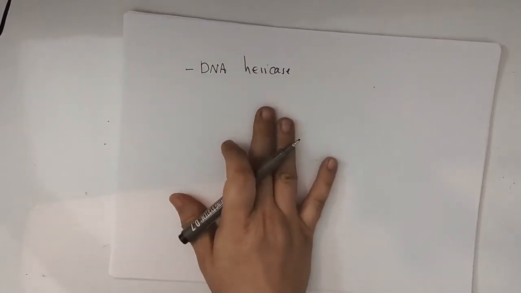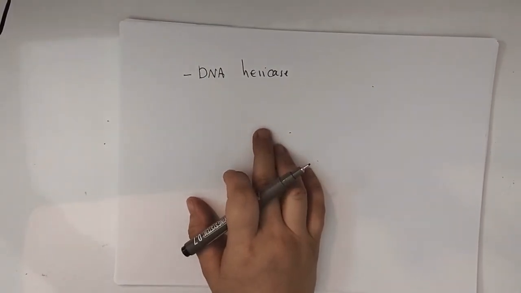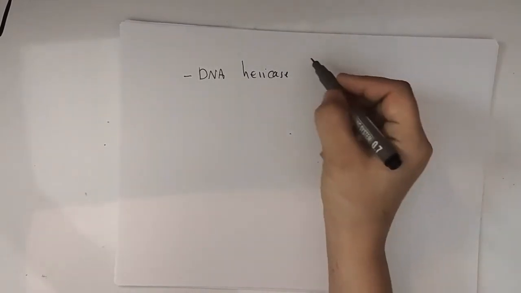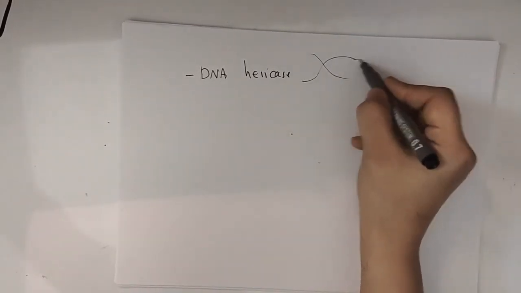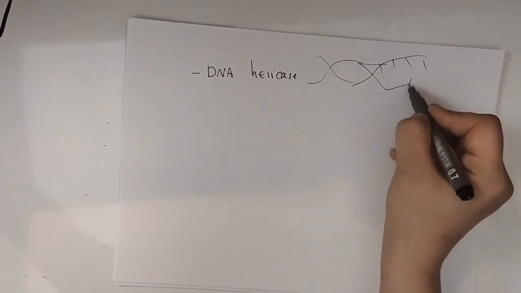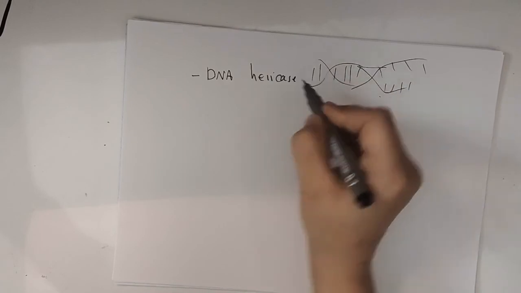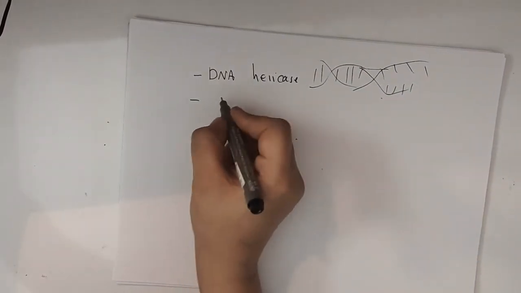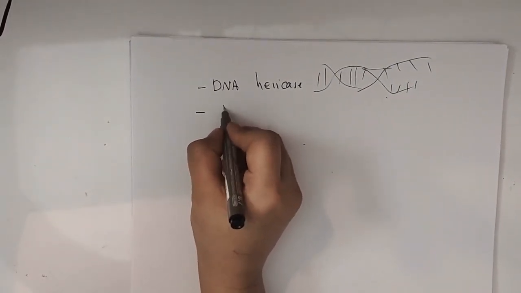DNA helicase is responsible for unzipping the DNA helix by breaking the hydrogen bonds between the bases. So it opens it up like that, shaping those forks, making it ready for the replication. Then we have DNA polymerase 3.